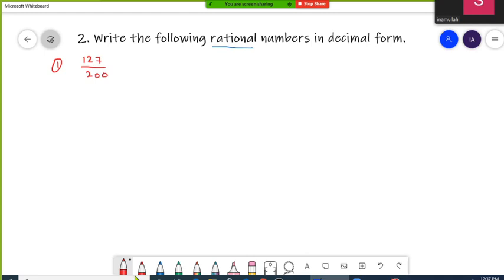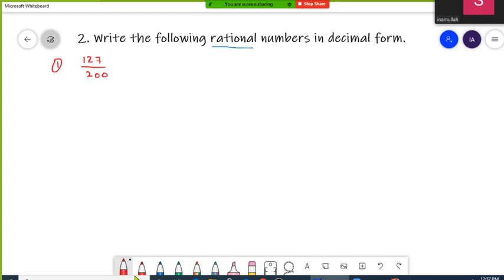Now we need to convert this into decimal form. So simply you need to divide 127 by 200. There are many methods we studied in lower classes to divide 127 by 200; any one of those methods you can use.